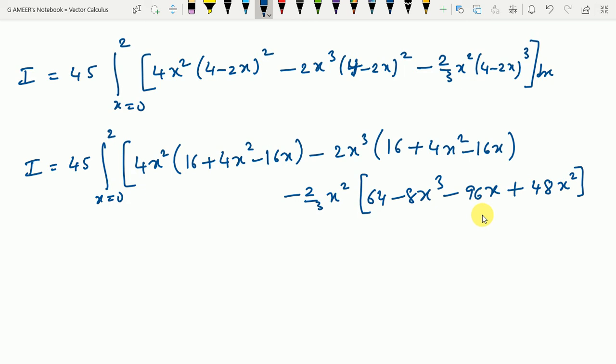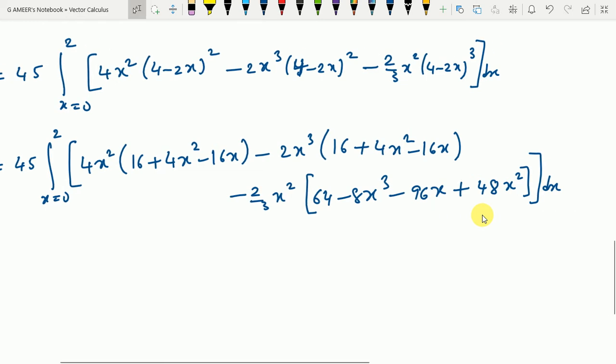Okay, this is all under integration with respect to dx, so don't forget that.